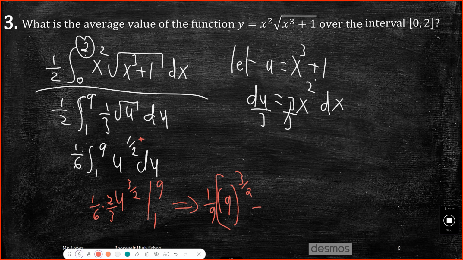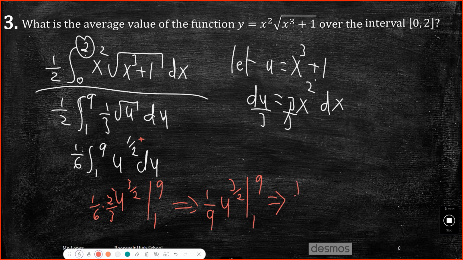It's 1/6. Hold on. Let me go step by step here. So this is gonna be 1/9, u to the 3/2, and let's go step by step. Simplify it better because this is gonna be 1/9. This part is 1/9. And now let's go ahead and just plug in.